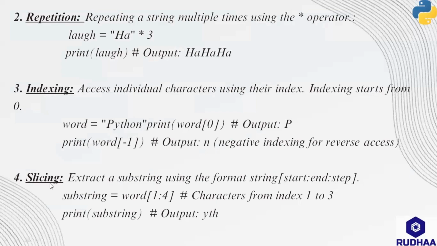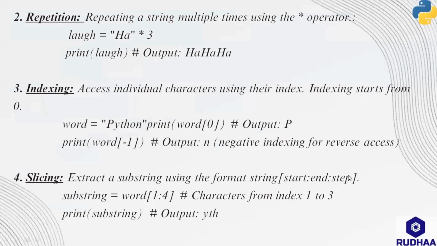Then the fourth operation is slicing. Slicing means extracting a particular substring using the index. You can give the start and end positions so that the substring will be extracted and printed. The syntax will be like this: start, end and step.